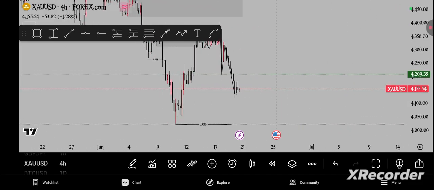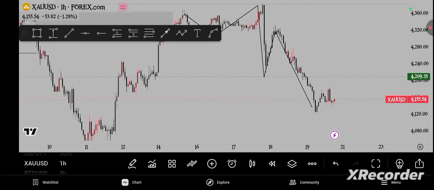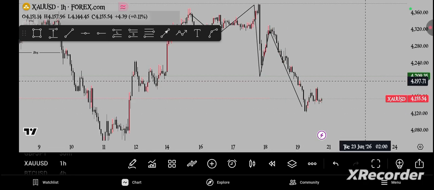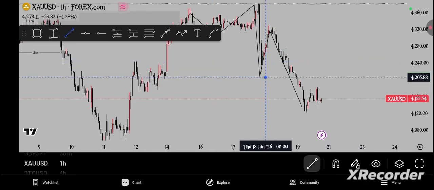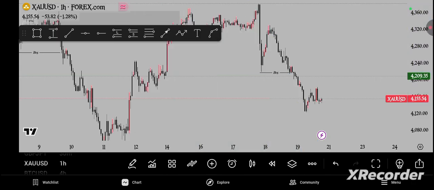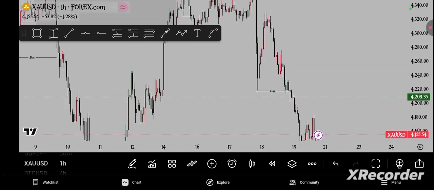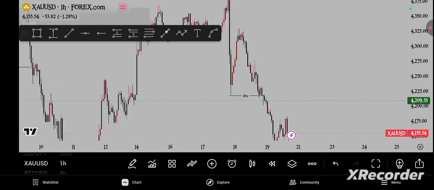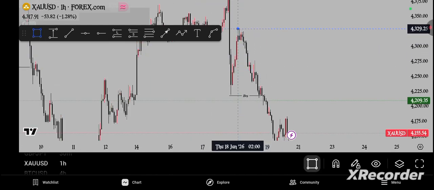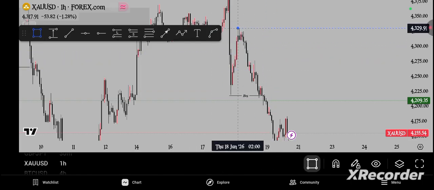Draw on liquidity. So let's go to the 1 hour to know if we'll see any value point of interest. This structure is weak, but here I have some sort of break of structure. There's this zone. You have this supply here.